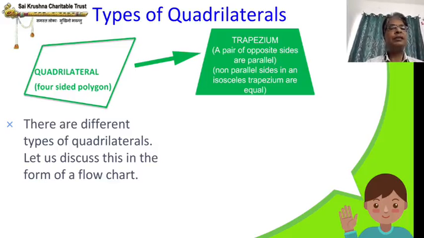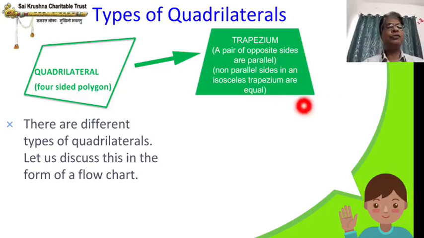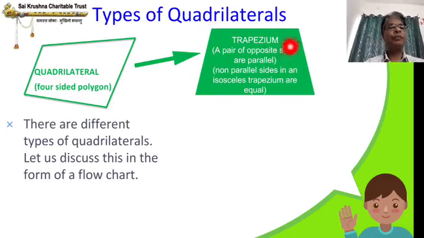There is another type called an isosceles trapezium, where the non-parallel sides, this and this, are equal. This and this are parallel sides, and these two are non-parallel sides. Here I have shown only the isosceles trapezium. If these two non-parallel sides are equal, it is called an isosceles trapezium. You can just leave it here. You need not bother much about this because we are not going to study trapezium in this chapter.